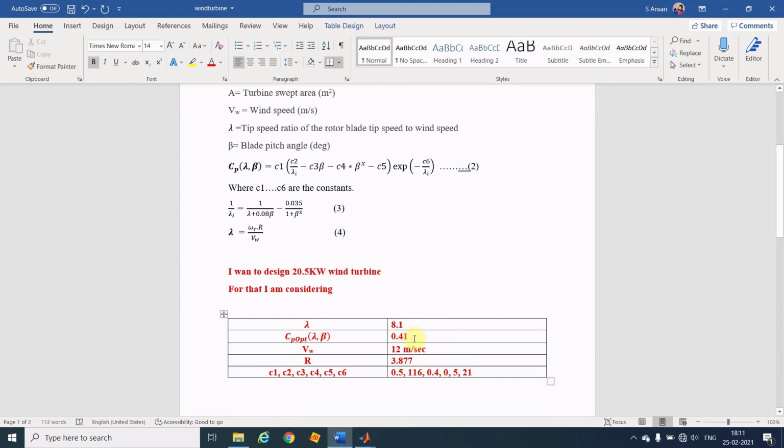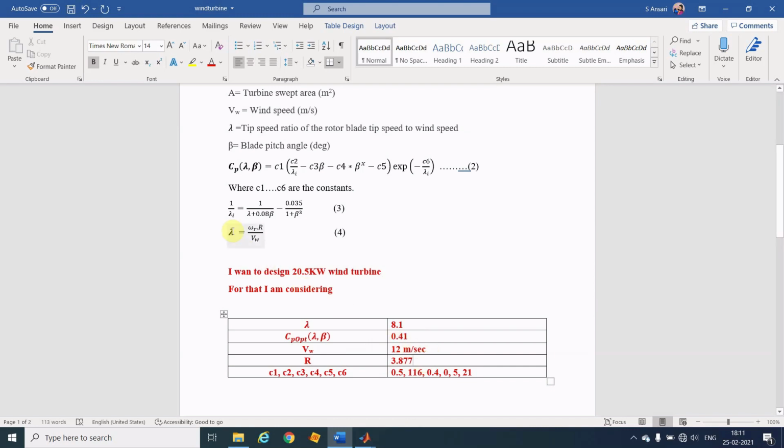We assume Cp optimum is 0.41 and rated wind speed is 12 meters per second, and the radius is 3.877. I did not just take it, I calculated it using these 4 equations.